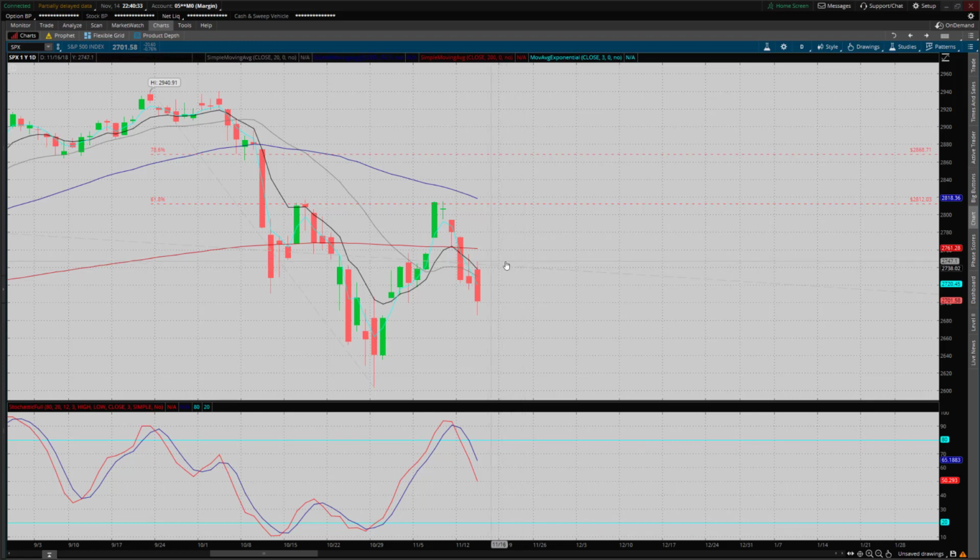So we can define where we would make some changes, or reconsider the trade, or reconsider our outlook for that matter, by the high of today's candlestick, which on SPX is at 2746.8, which also happens to be above the T line at this point.